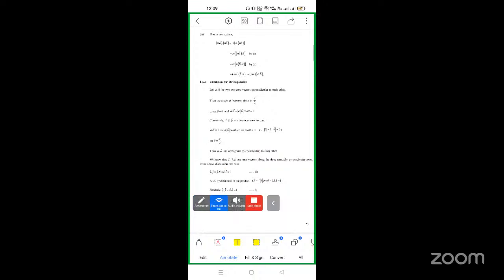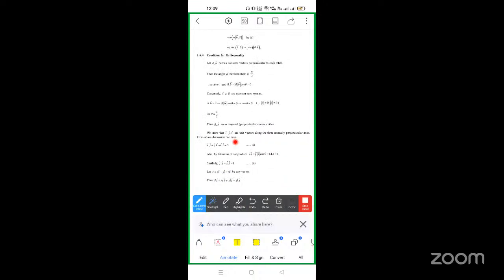We know that i, j, k are unit vectors along the mutually perpendicular axes. From the above discussion, we have i dot j is equal to j dot k is equal to k dot i is equal to 0. So these are perpendicular to each other in the coordinate axes: i along the x axis, j along the y axis, k along the z axis.